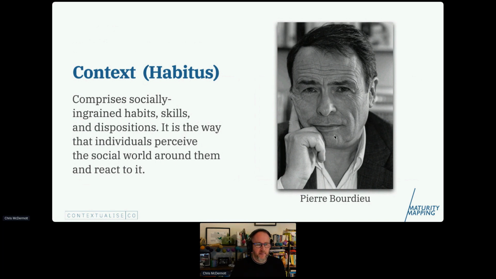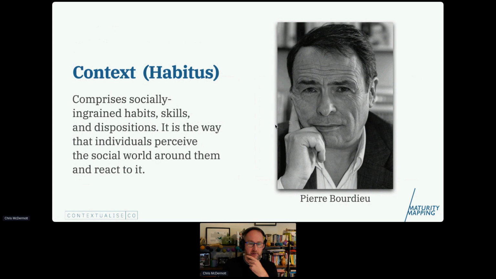He says that habitus, which is like context, comprises socially ingrained habits, skills, and dispositions. It's the way that individuals perceive the world around them and react to it. So I'd argue that context is comprised of a network of practices, how they're configured, how they relate, when they relate, and the dispositional outcome of these conditions and interactions that make it up.